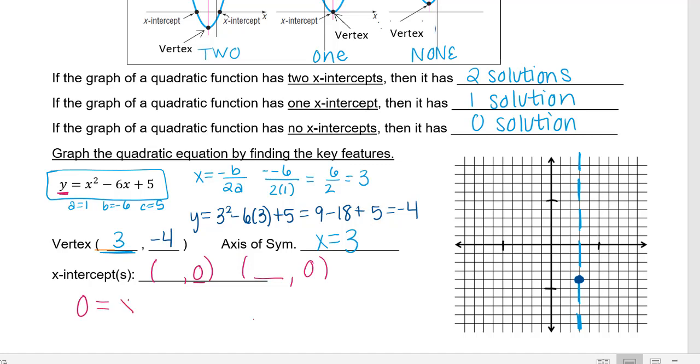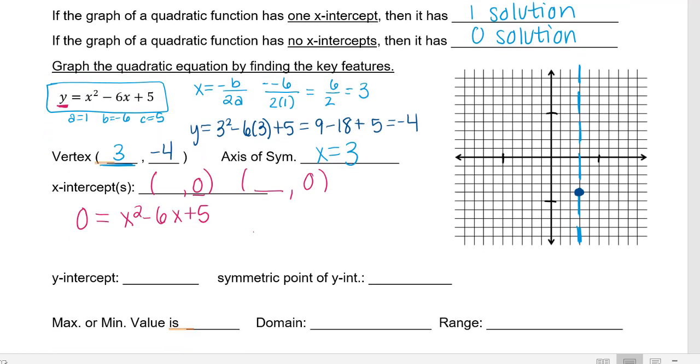So 0 is equal to x squared minus 6x plus 5. Going back to our factoring quadratics unit, we need to find two numbers that will multiply to our +5 and then add to our -6.